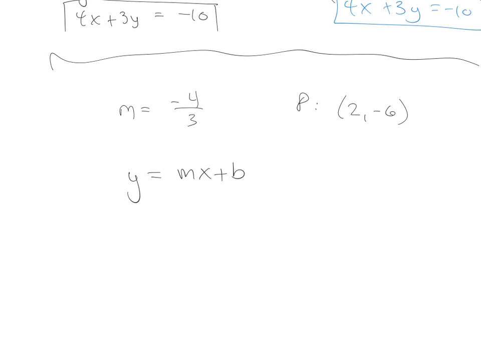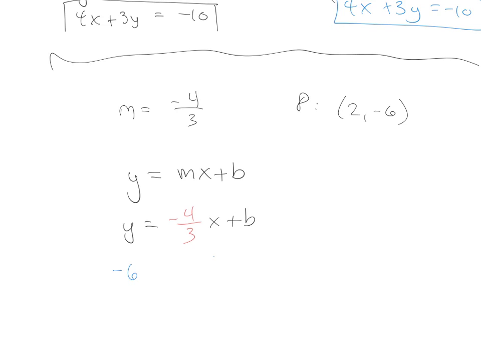Okay, plug in what you know for your slope. You'll have an equation, and then you could determine B by applying the point. Remember, plug in your slope first, and then apply the point to solve for little b. Now apply the point for y.